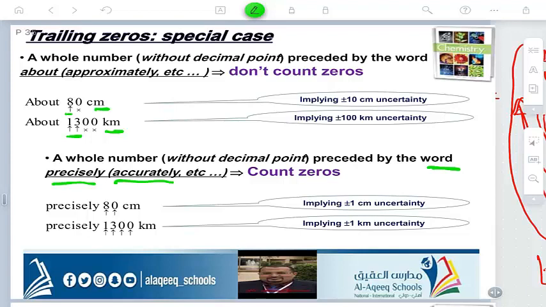Look here, it's just approximate, we don't count this zero, but if it's accurately, we count them. Look, 80 centimeter, yes, we have two significant figures here, 1,300 kilometer, okay, precisely, so we have four significant figures at this moment.